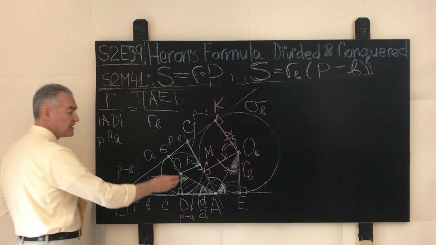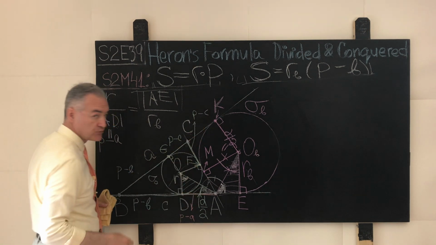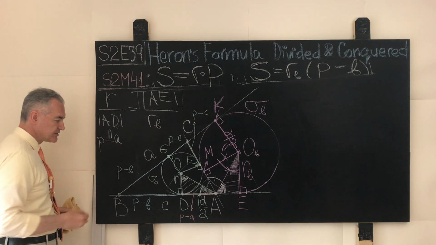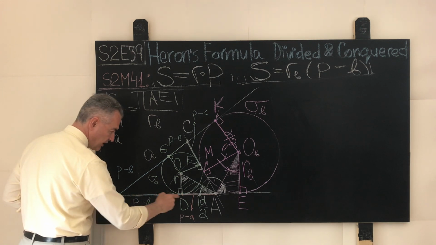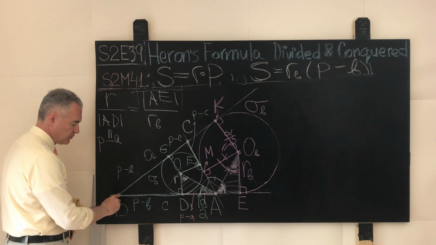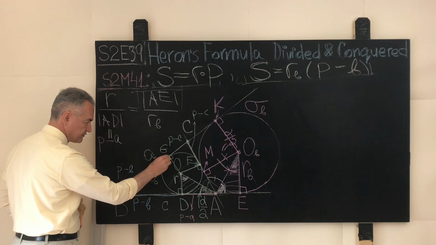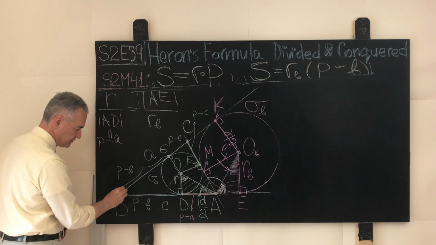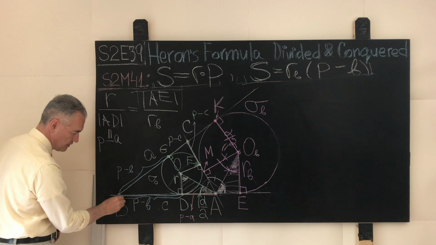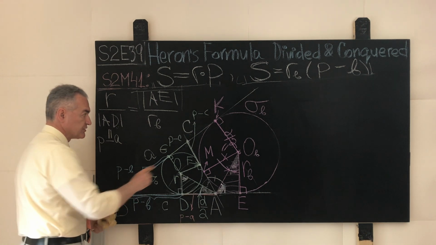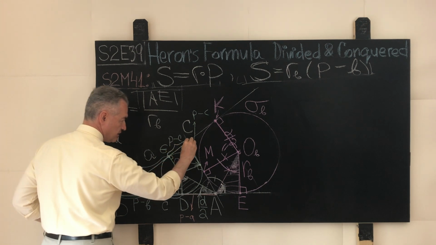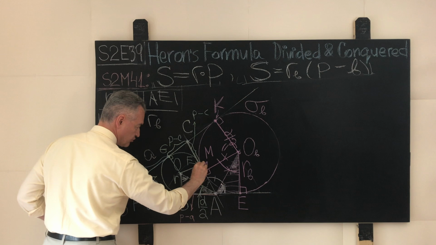And if we go through exactly the same exercise as we went through a few seconds ago by chasing down the lengths of these tangent line segments, we will prove that, for example, the distance between the points B and G, this distance right here, is P minus B. We'll prove that the distance between the points C and G is P minus C right here, and this distance over here, I don't want to clutter it too much, but you understand.